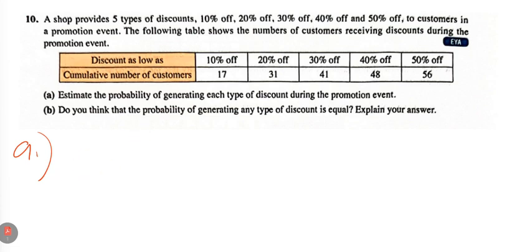There are five of them. Let's get a total for each of them. For the 50%, we have 56. So let's see the frequency of each of the following discounts.